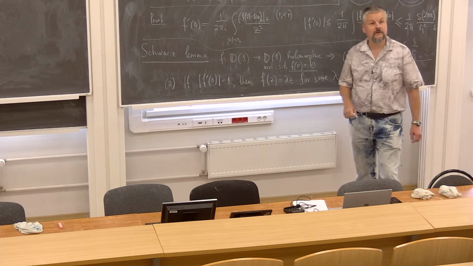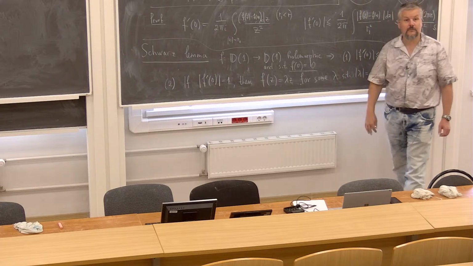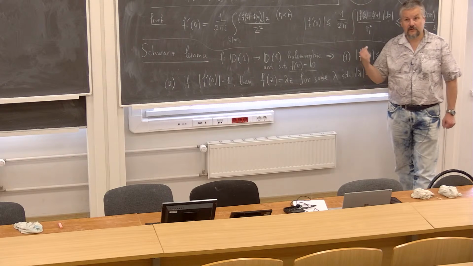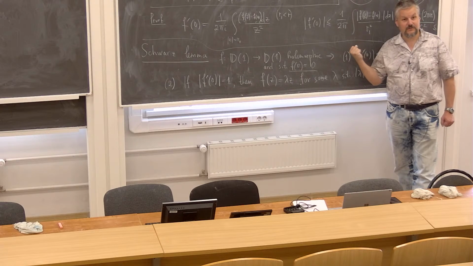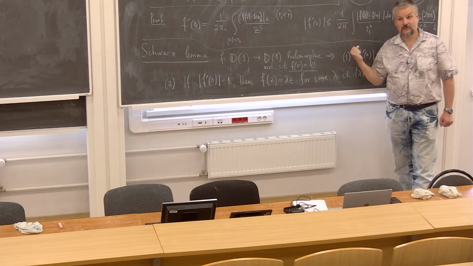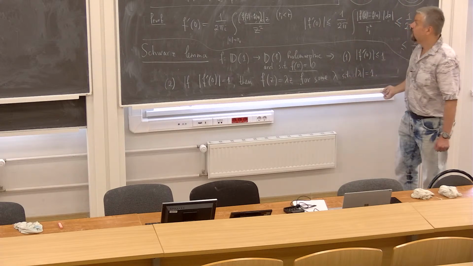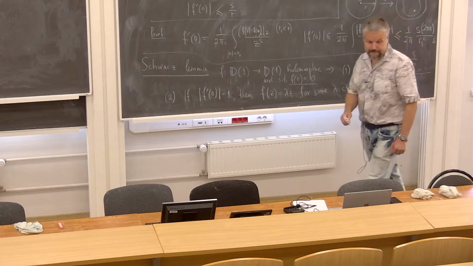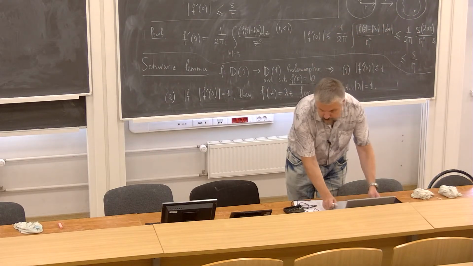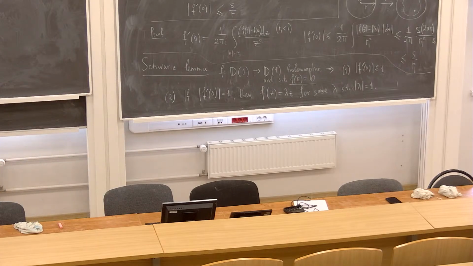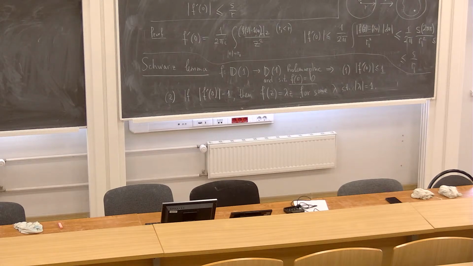Okay? Multiplying by a complex number of modulus 1 is simply rotation. And if we just know that the derivative at one point has modulus 1, this is a very strong statement. We just know the derivative at one point, and we already conclude that the map is a rotation. How do we prove that?